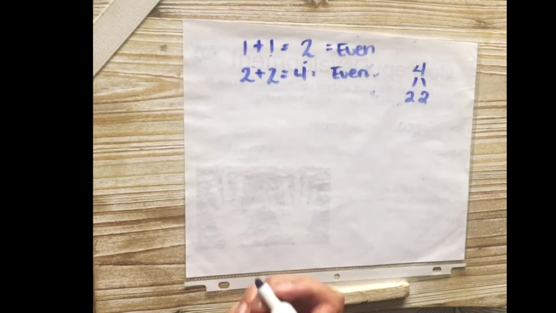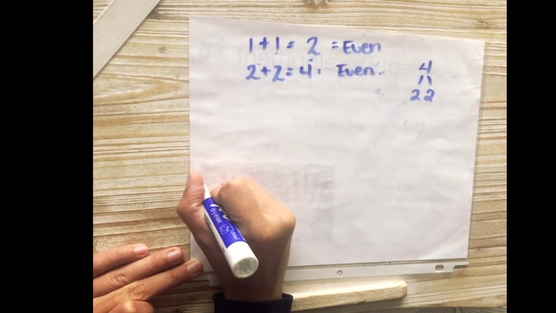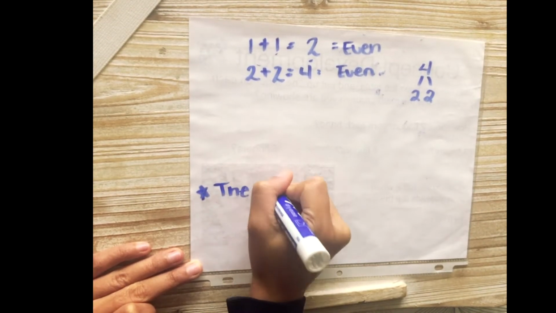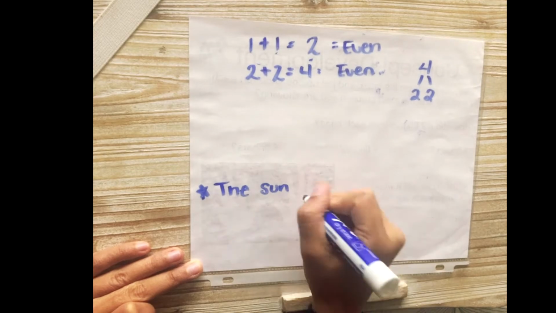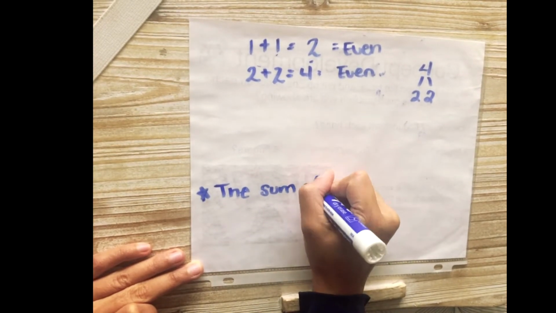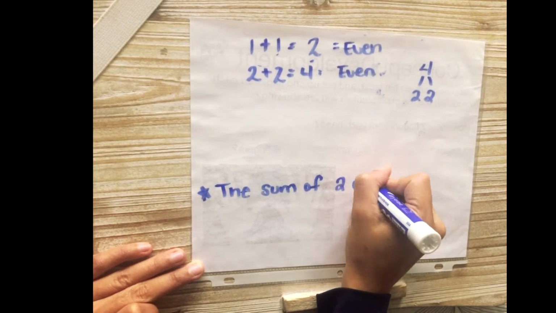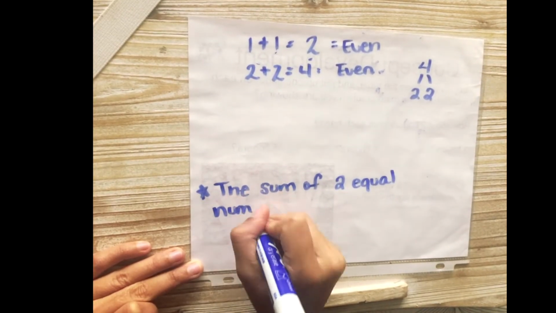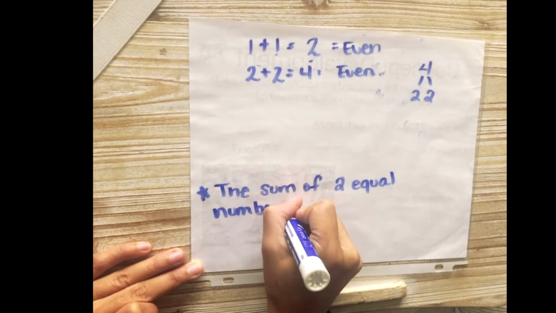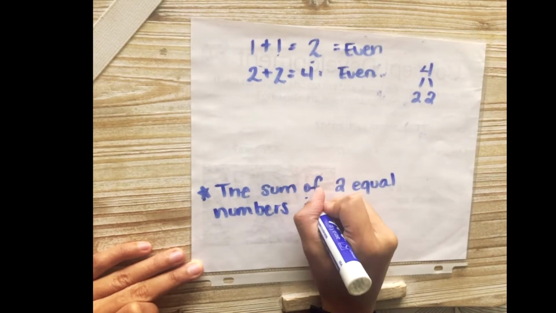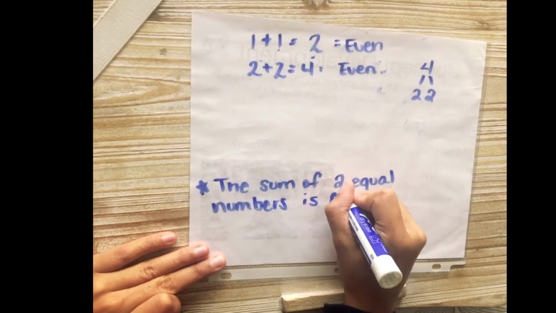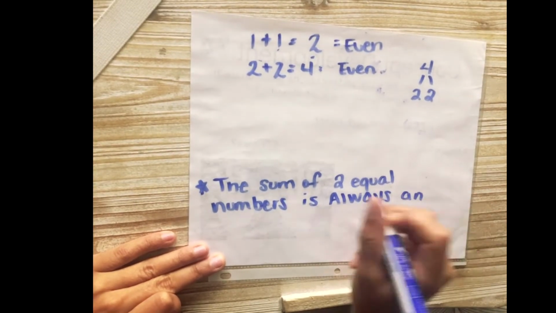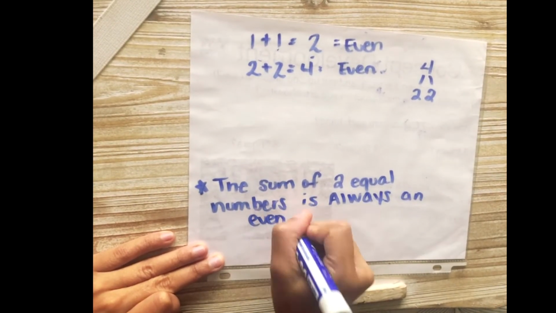So if you want, go ahead and write that down on your notebook or on your whiteboard. The sum of 2 equal numbers is always an even number.